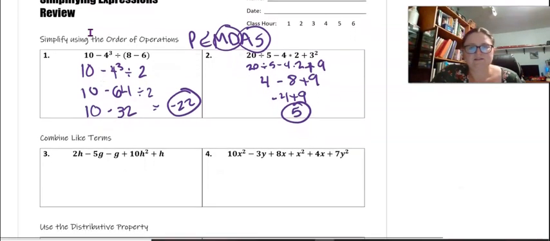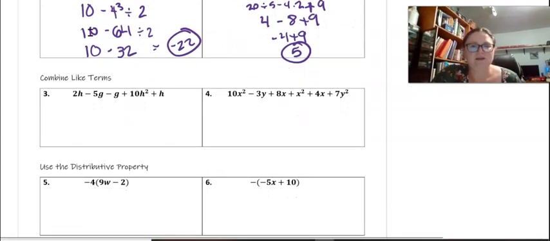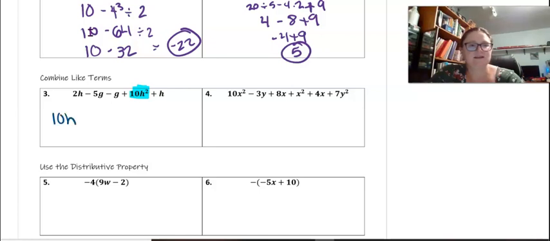All right, so next we have combining like terms. So when you're combining like terms, I like to start with the highest power. So for this one, I have 10h squared, and there's no other h squareds, so I'm just going to take that term and write it down here: 10h squared. And then I'm going to look through, I have h's and g's left, so I have 2h and an h.